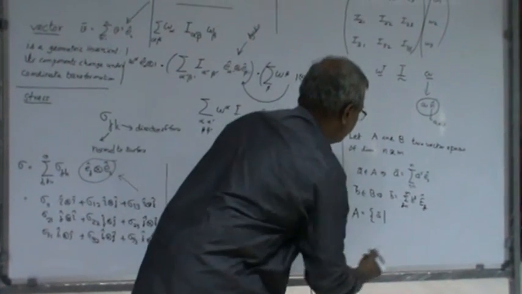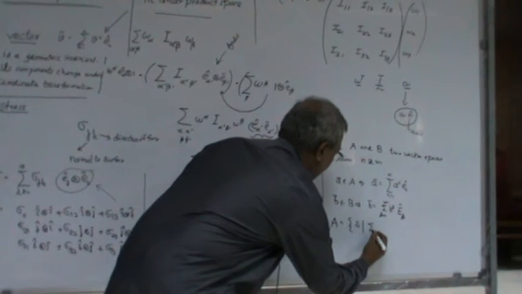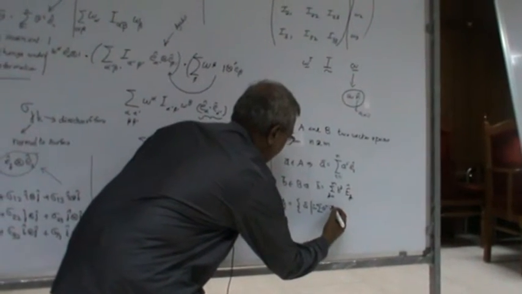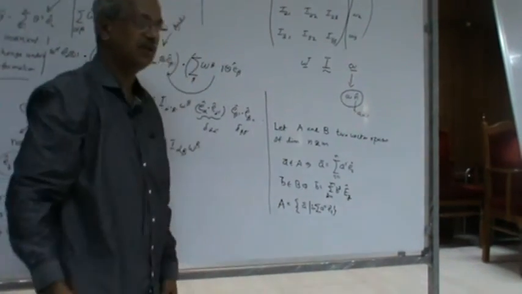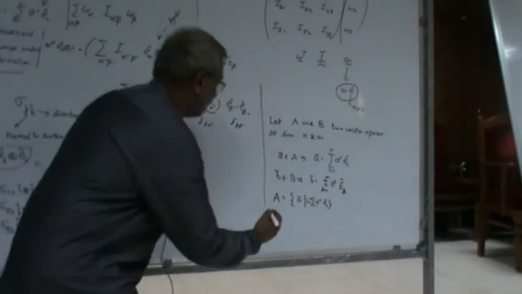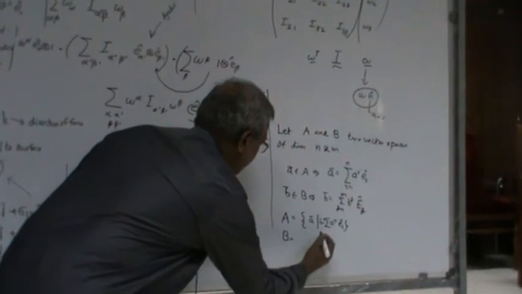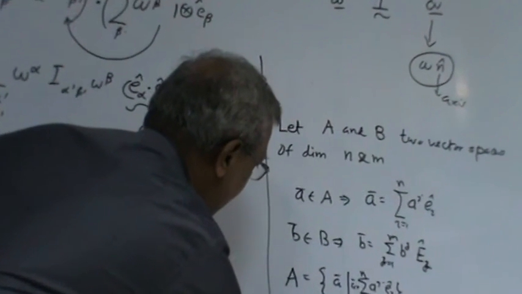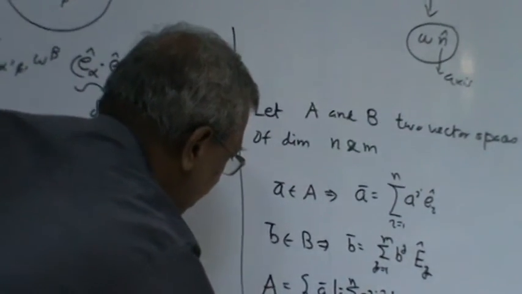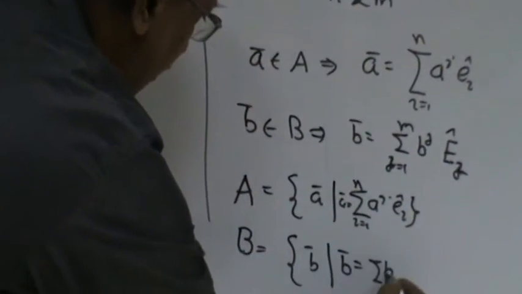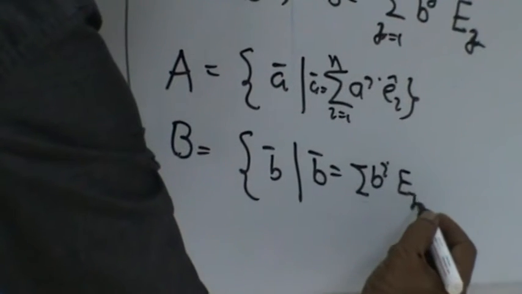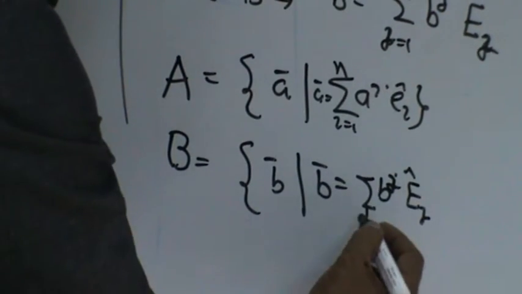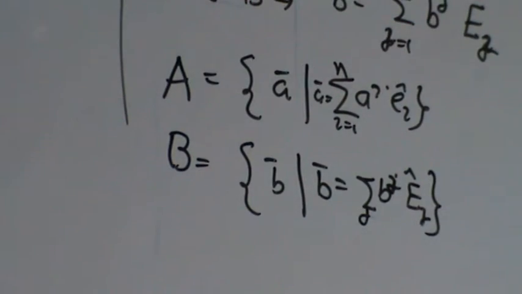You want to write it mathematically, write it like a equal to summation over a_i e_i. So that is the description of the vector space A. And my description of vector space B will be j equal to 1 to m here. And B is, the elements are b and each b is equal to summation b_j. So this is our description of the two vector spaces.